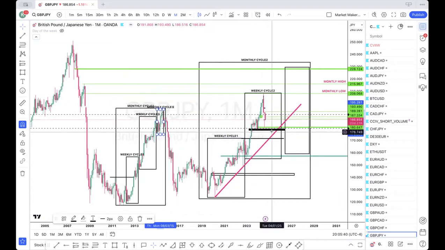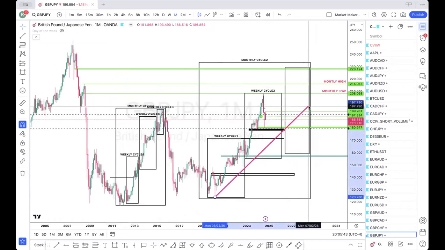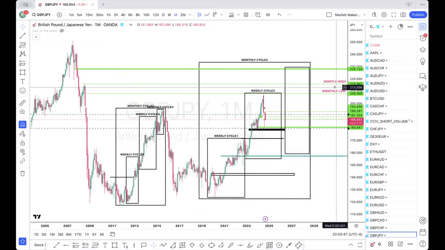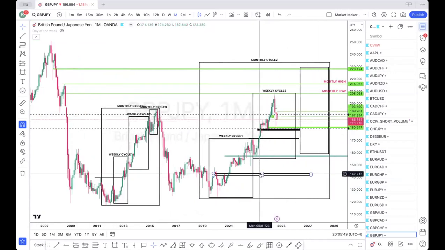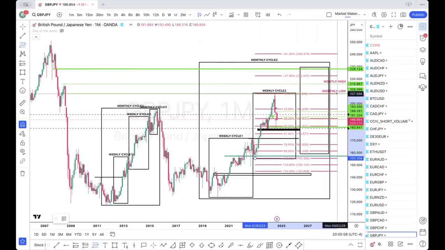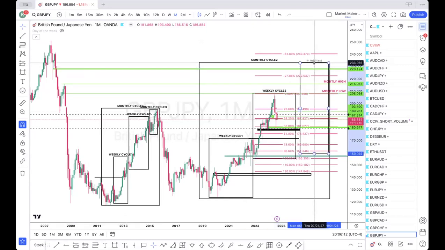So we're getting the pullback, and it could pull back further than this trend line. So I'm just going to erase the trend line, right? Because the 2nd could pull back to, and I'm just going to put it from here to here. The 2nd could pull back down to the 78, which is an imbalance, before moving up for the 3rd push to the top side.